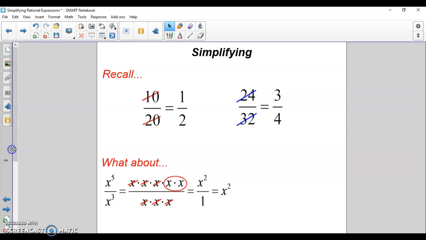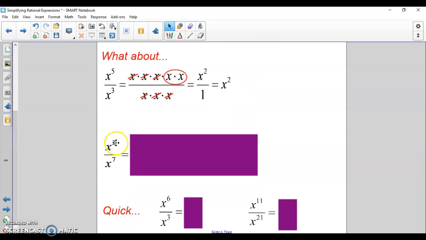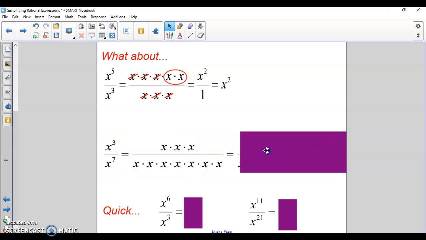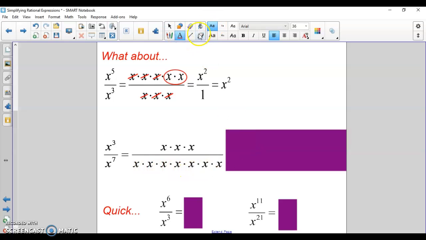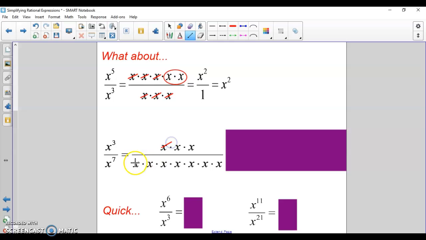A couple more here. If we had 3 x's up top and 7 x's on the bottom, you cancel them out 1 for 1. So, for example, this first one cancels out with 1 of them on the bottom, second one up top with second one on the bottom, third one up top with a third one on the bottom, and you write what you're left over with.